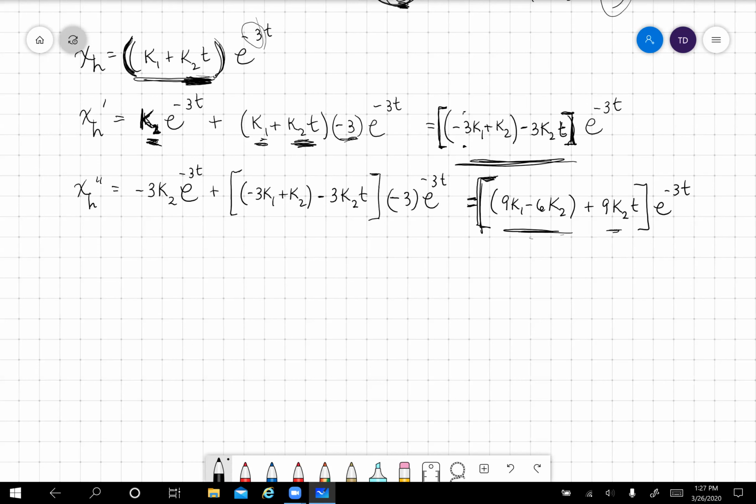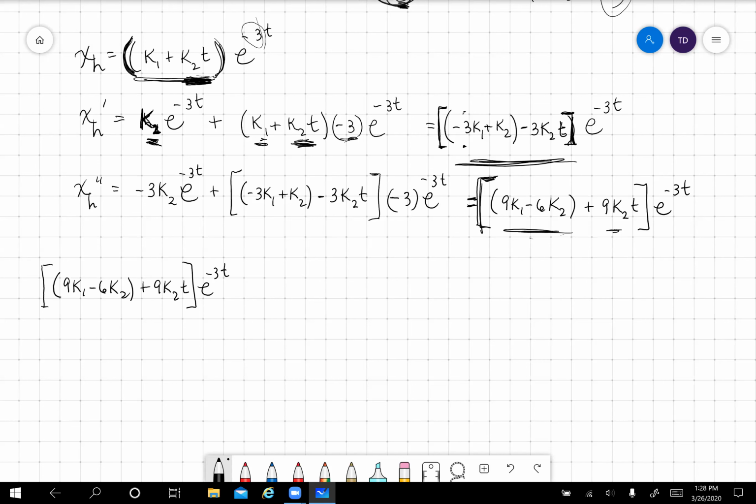Now when you substitute those three terms into the differential equation, everything should cancel out. But I want to do that because I want to show you how you have to do the cancellations. So I'm going to substitute them in. Ready? I have x double prime, 9K1 minus 6K2 plus 9K2t, e to the minus 3t.